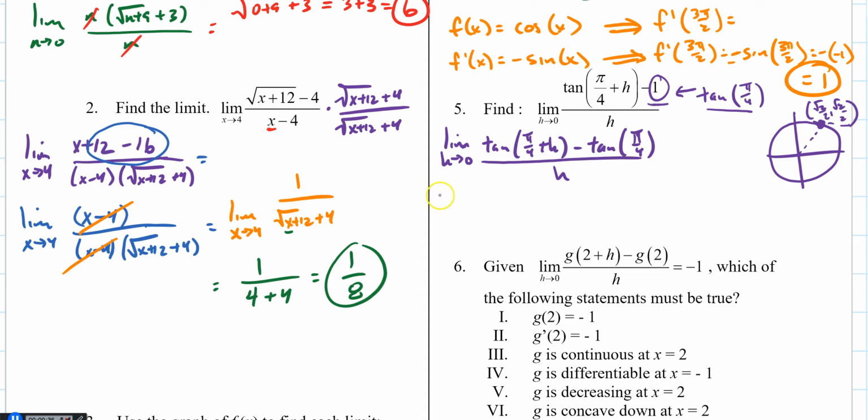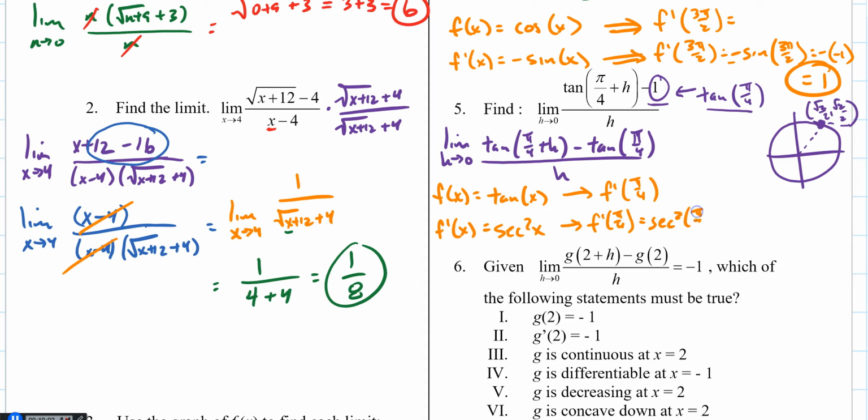So once again, my function that we're dealing with, f of x, is just the tangent of x, and we are looking for f prime of pi fourths is what we're trying to evaluate. So f prime of x is equal to secant squared x, which means the f prime of pi fourths is going to be secant squared of pi fourths.